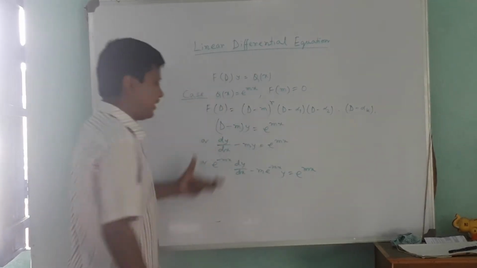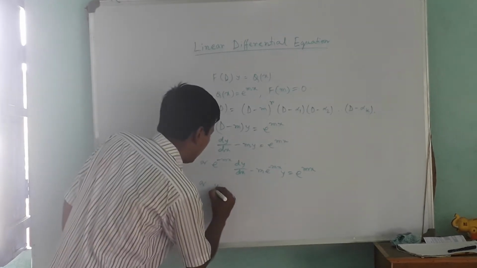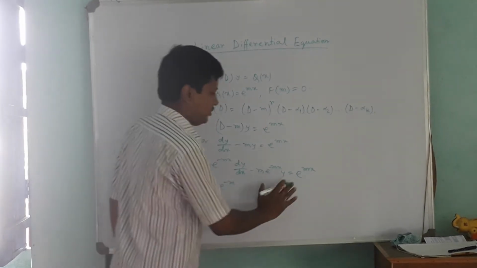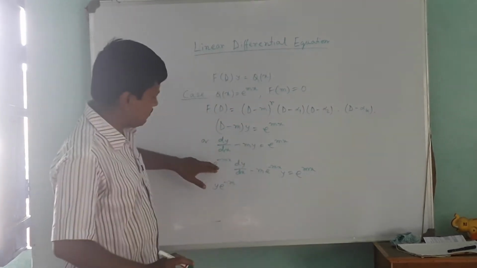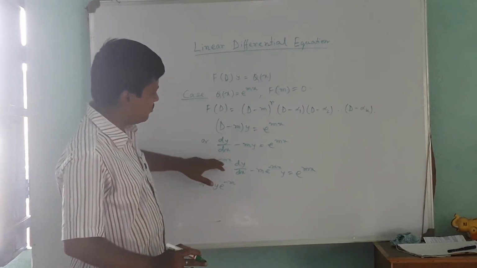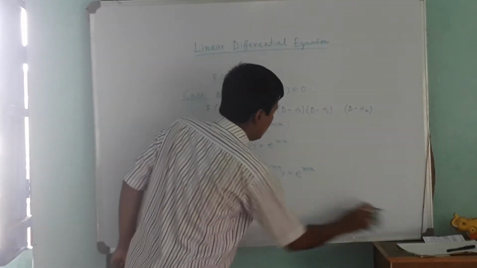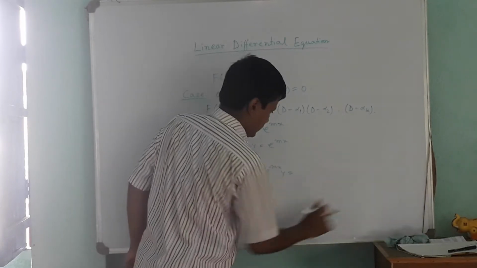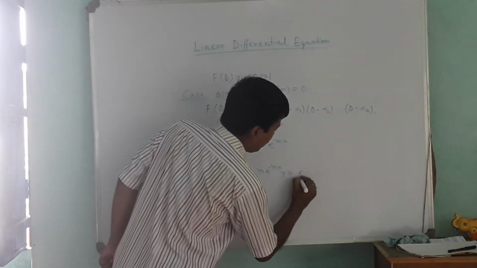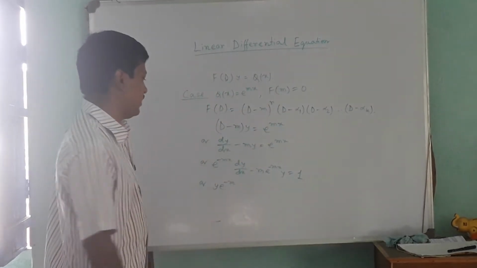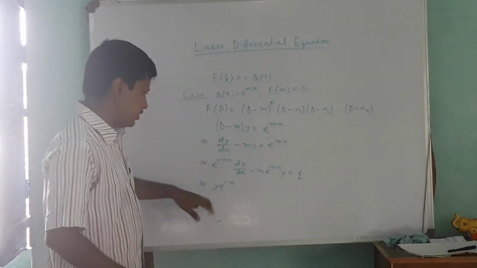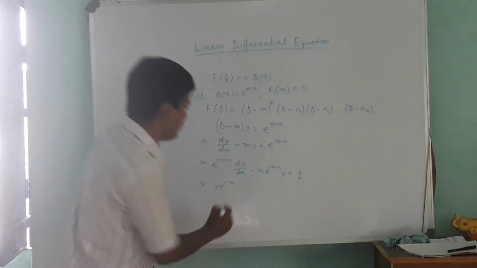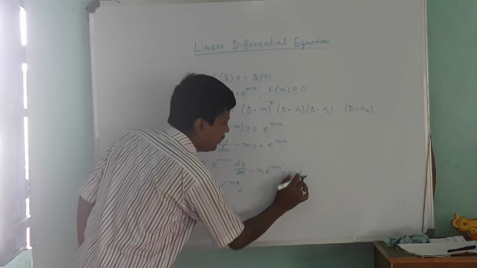After integration we get, whenever we multiply the left side by e^(-mx), we need to multiply the right side by e^(-mx) as well. So on the right side we get 1. After integrating we get y e^(-mx) is equal to x, the integration of 1.